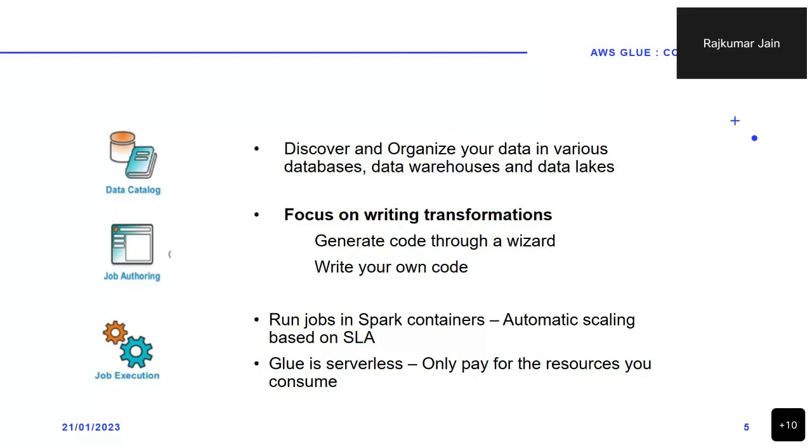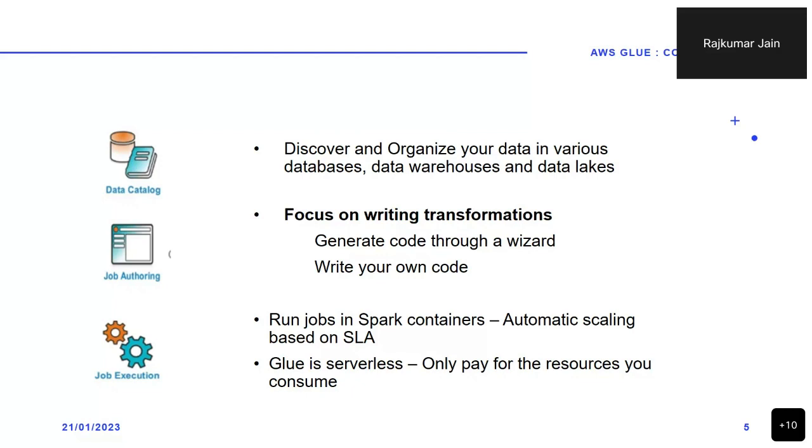Then the second one is job authoring. In job authoring, we just drag and drop in the UI part. We define the connectivity, the connectors, and the configuration for making a connection between the source and target.